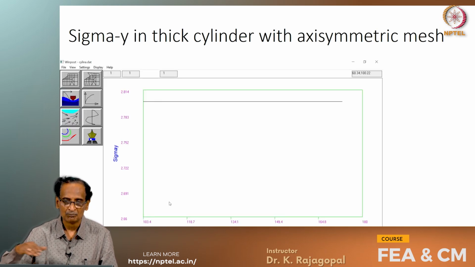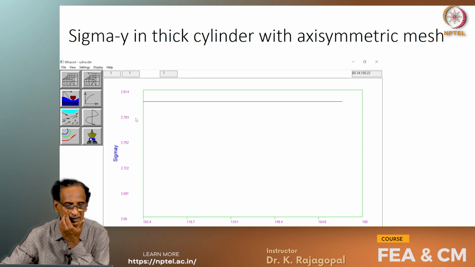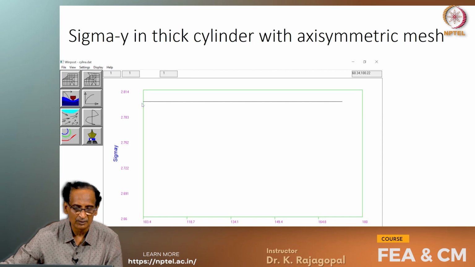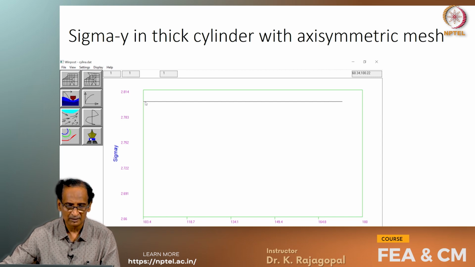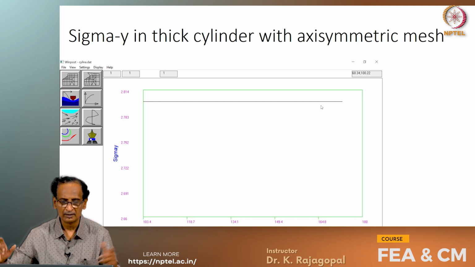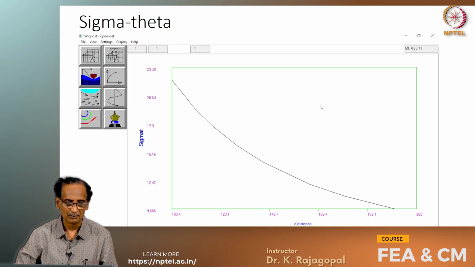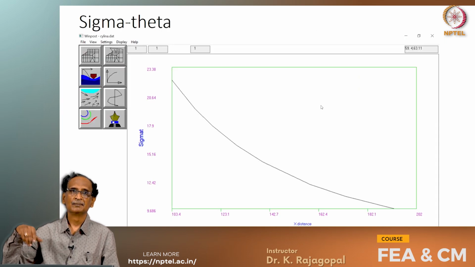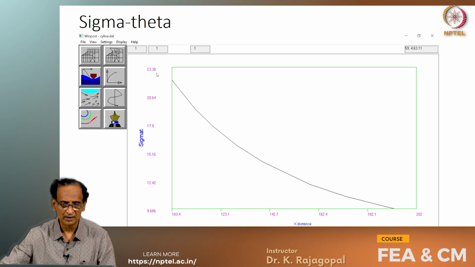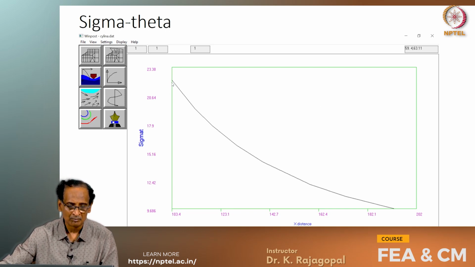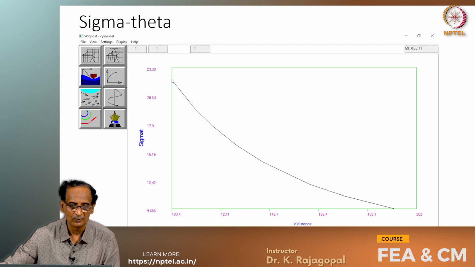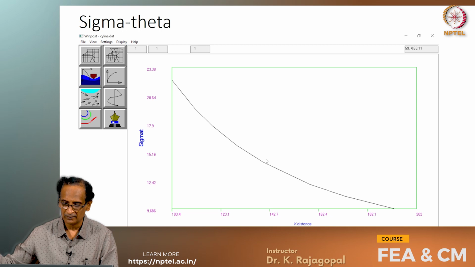Sigma y, that is in the other direction, the longitudinal direction, is very small, because there is not much that acts along the length, and it is constant across the thickness. And sigma transverse, that is the hoop stress or circumferential stress, the maximum is somewhere around 22, and it is reducing as you go away.